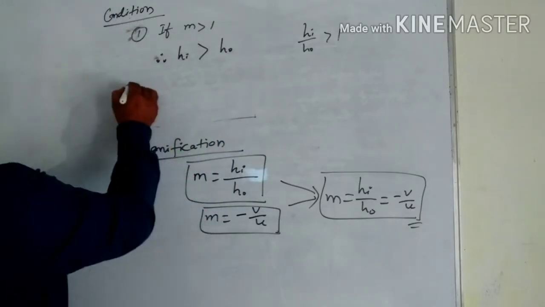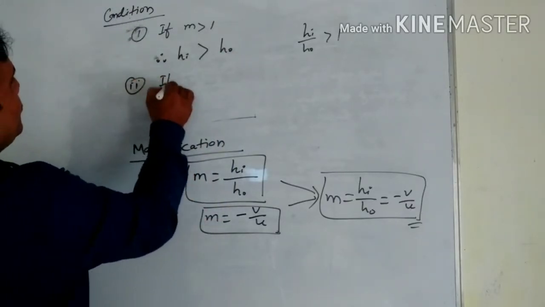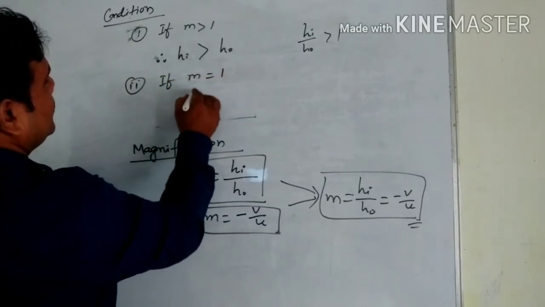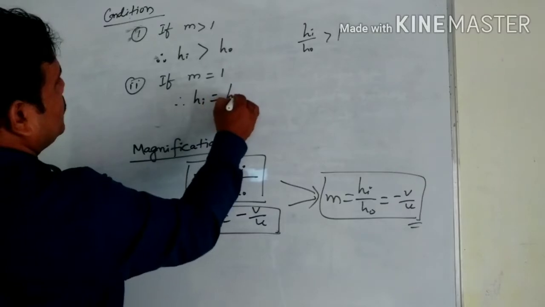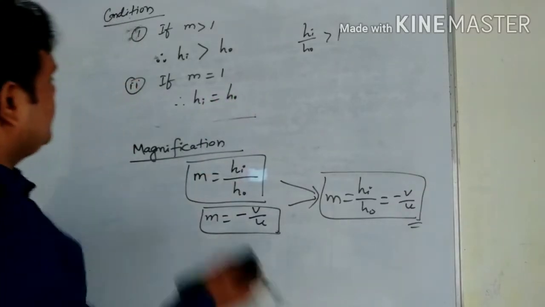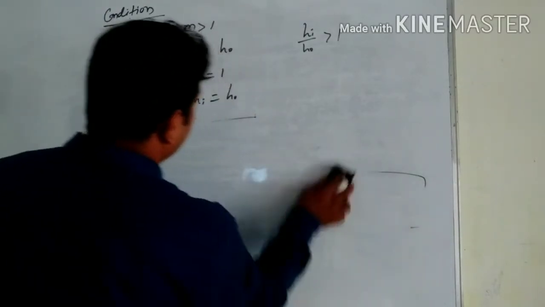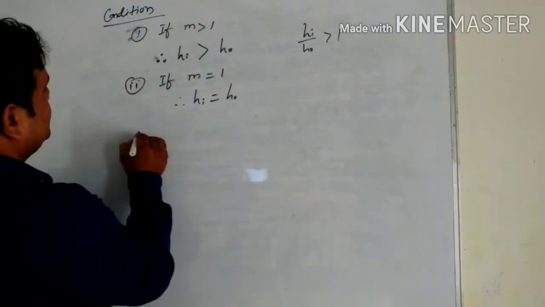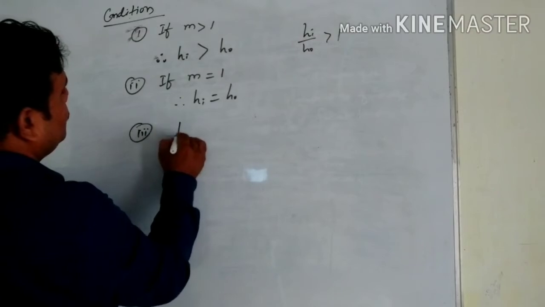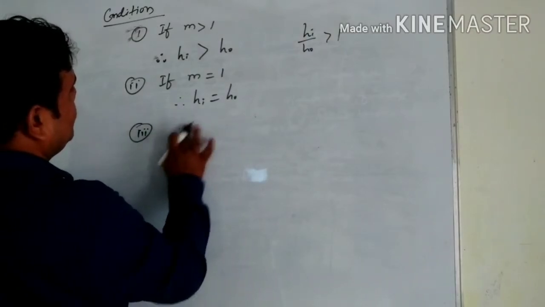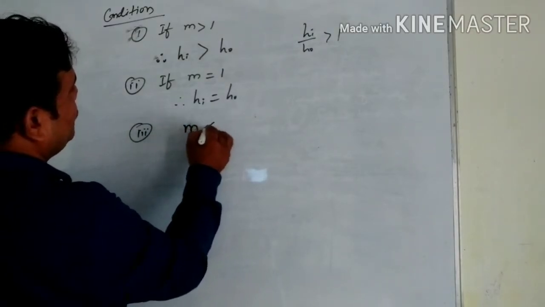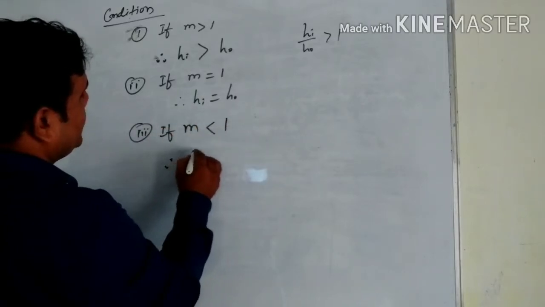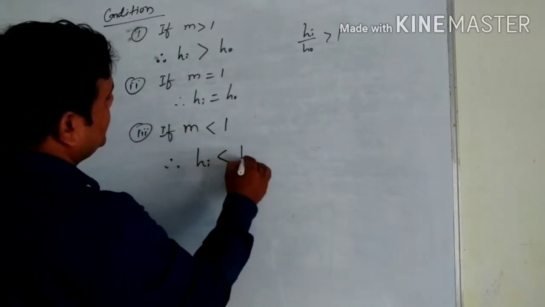In the second condition, if magnification is equal to 1, the height of image is equal to the height of object. In the third condition, if magnification is less than 1, then height of image is less than height of object.